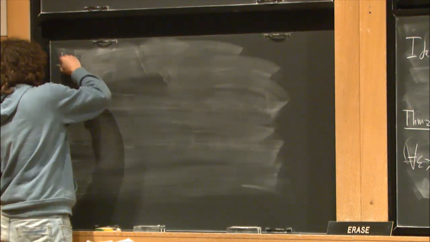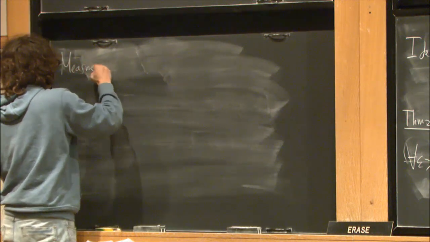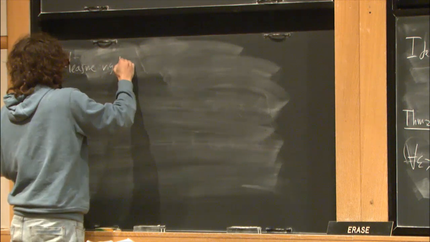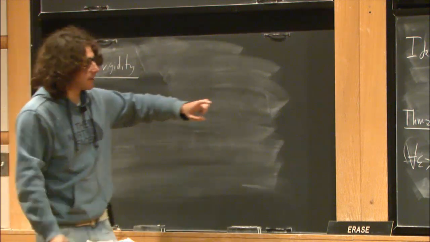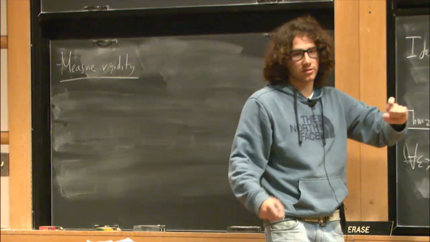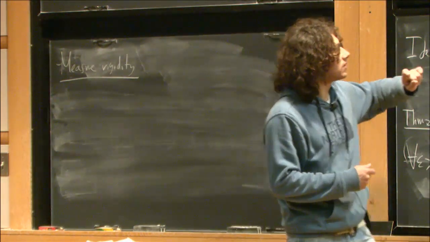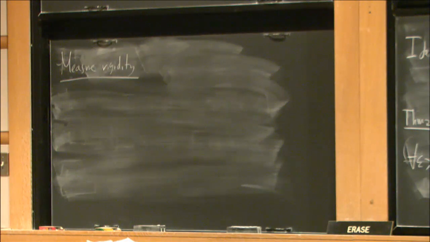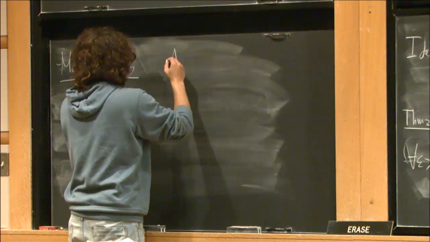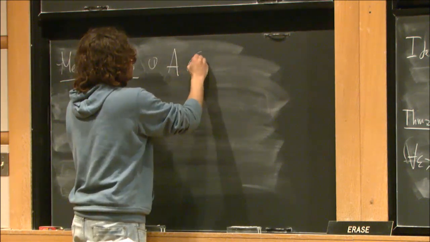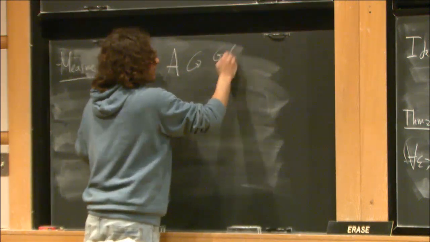So, measure rigidity. Here I have this action of A. A was some abelian subgroup acting on G mod gamma.